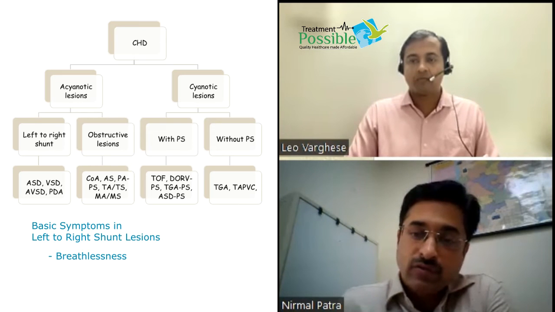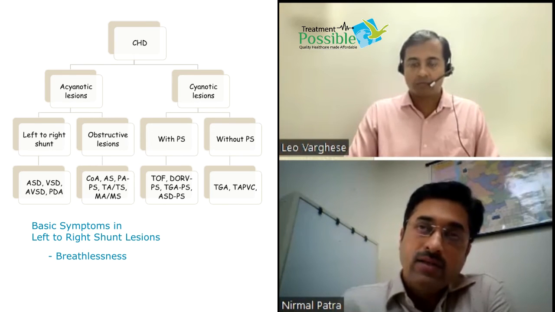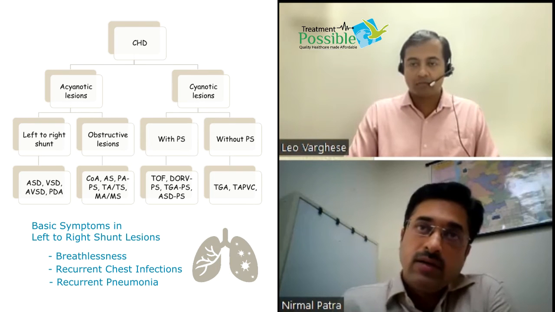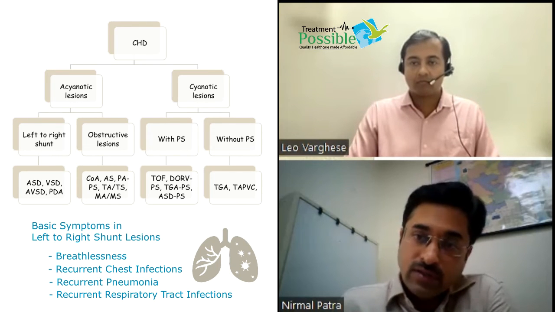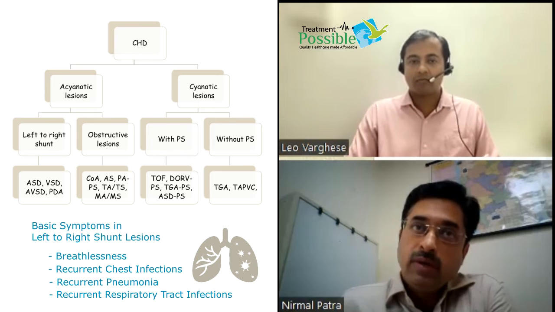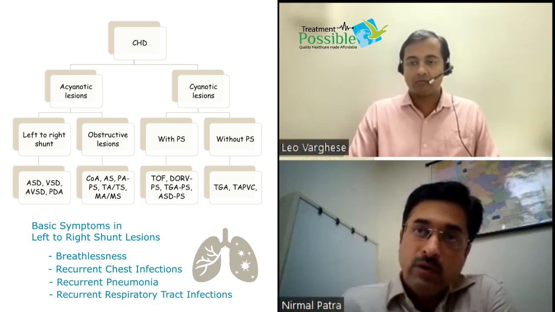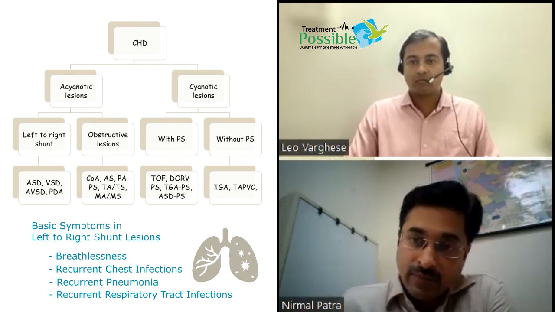There is congestion of the lungs, and that leads to recurrent chest infections, recurrent pneumonias, recurrent respiratory tract infections, and the baby has to breathe very fast. Because of that, most of the energy is spent in breathing work, and that's why the babies don't gain much weight. So there is inadequate weight gain.